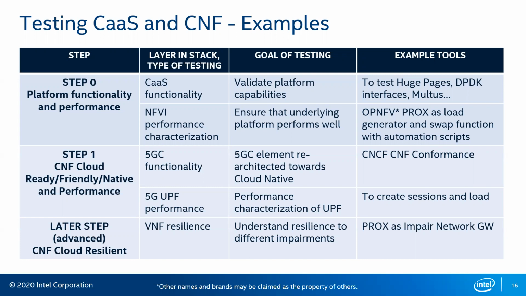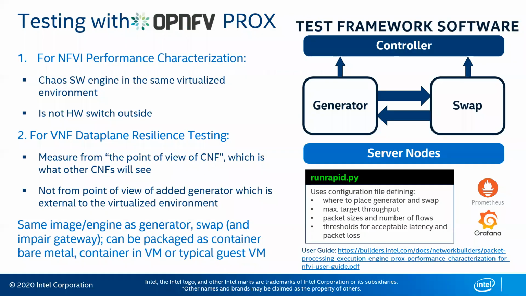Now, if you move to the next slide, this explains that once we validated that the platform has the minimum prerequisites to run DPDK applications, which in this case are huge pages and some interfaces that DPDK supports, we have a tool called PROX that can be used as an engine that will change behavior depending on the configuration given.